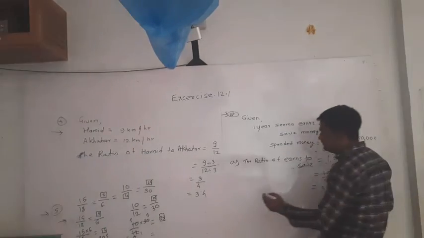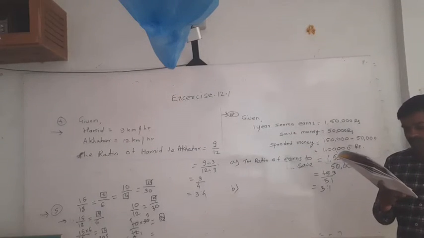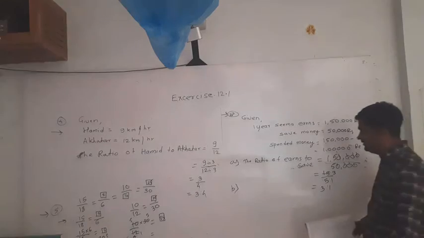And the B number is there: the ratio of money saved to spent.